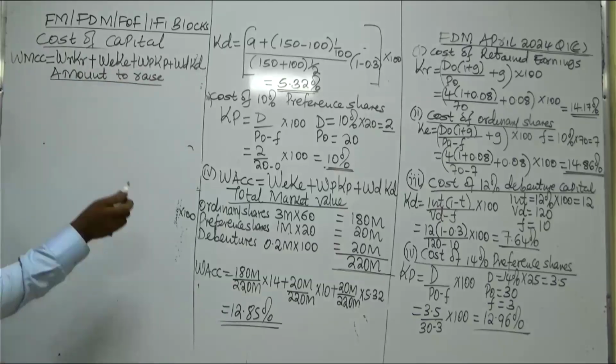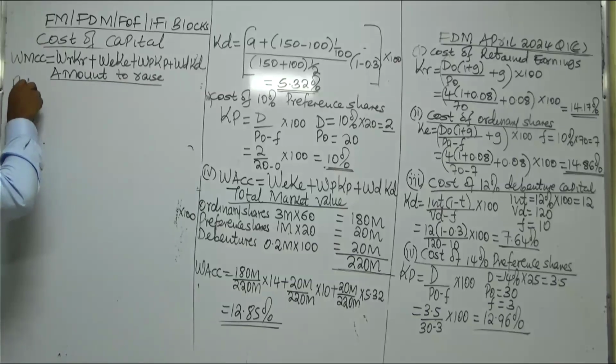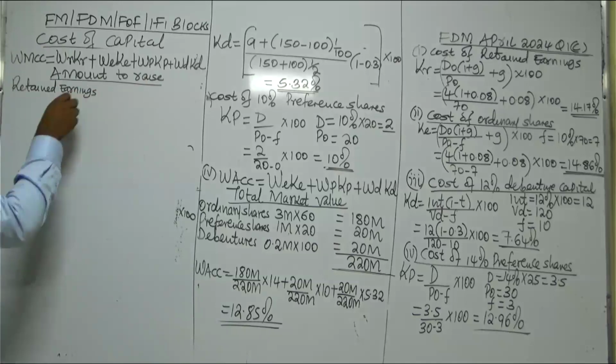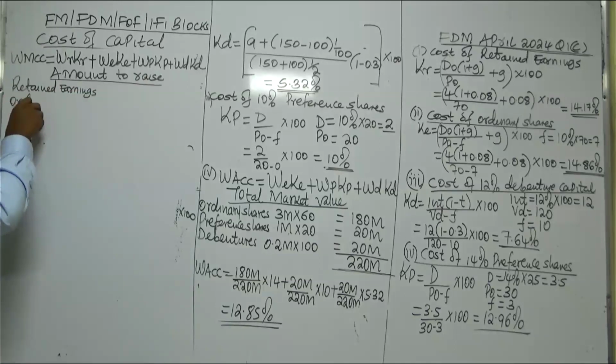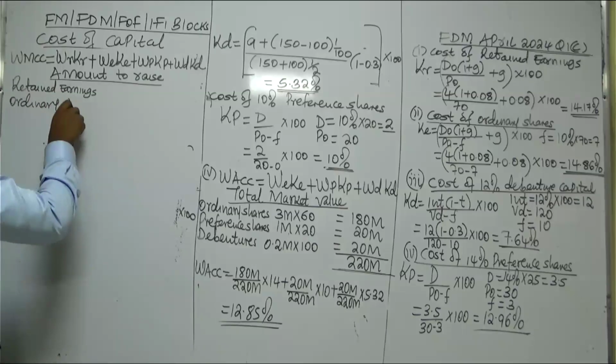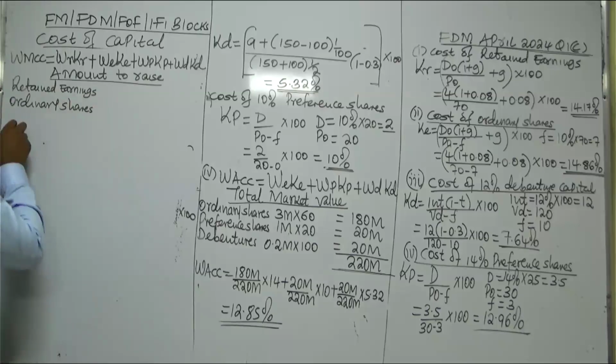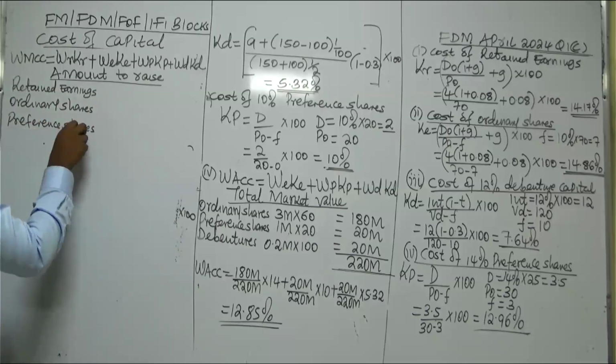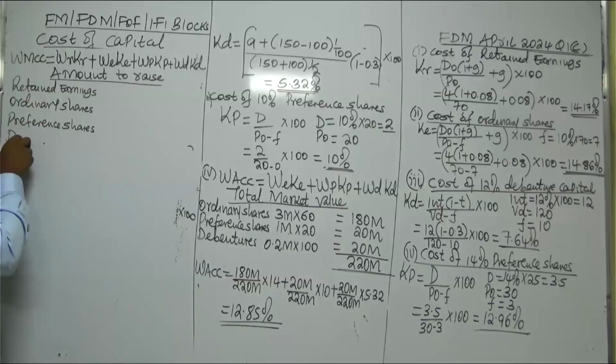And this amount will be raised through the retained earnings. We also have the ordinary shares. We also have preference shares. And the last one is through the debentures.